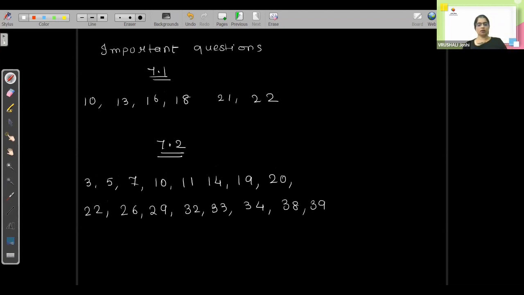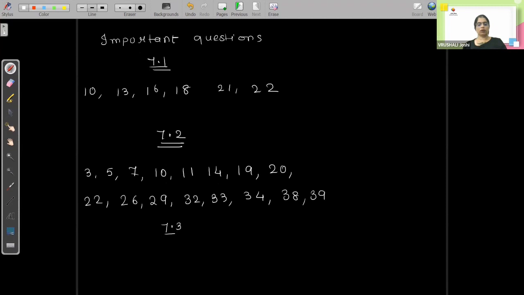Correct? And then now let us see what are the important questions in 7.3. 7.3 के important questions लिख लो.